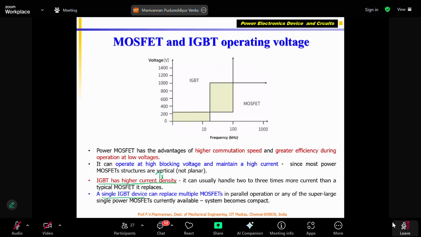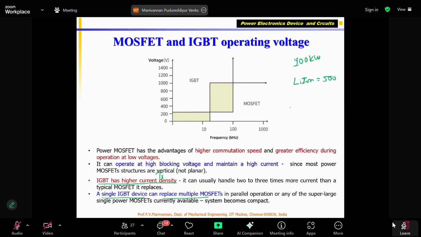A single IGBT can replace 3 or 4 or 5 power MOSFETs. For example, I have an electric vehicle, I have a lithium ion battery of 500 volts, correct? And I have a motor, for example, a 100 kilowatt motor.